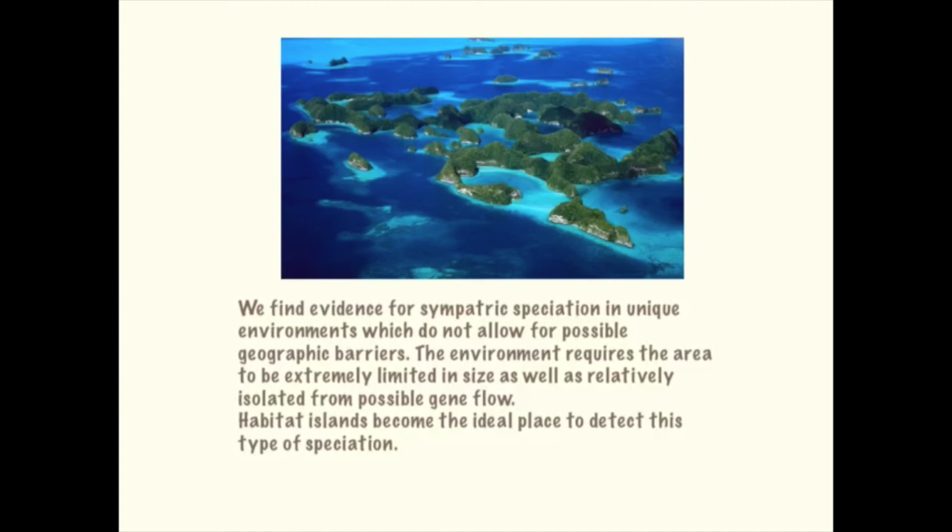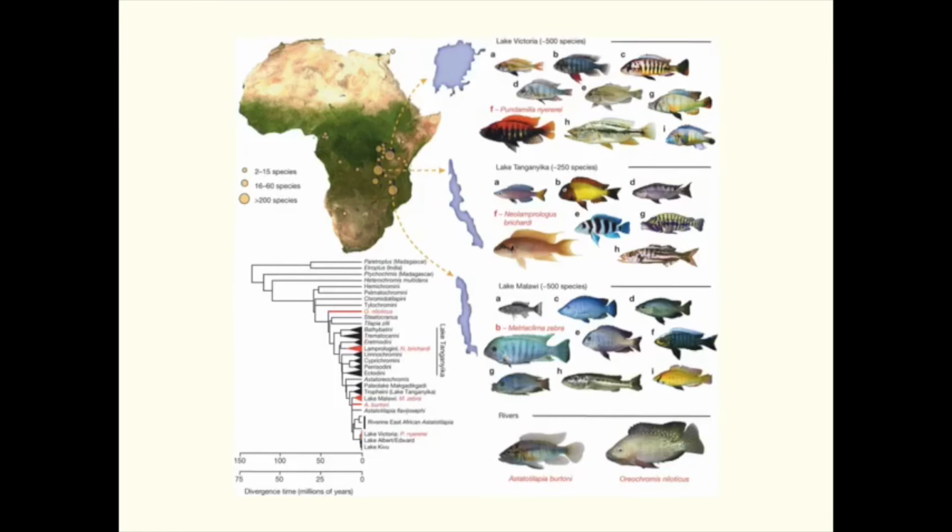Habitat islands become the ideal model to recognize cases of sympatric speciation. The best example of sympatric speciation comes from lakes in Cameroon. Each lake lies in its own isolated volcanic crater and ranges in size from 1 to 2 miles. The lakes contain many different species of the cichlid fish, all derived recently from their common ancestor, and each in its own distinct species group.